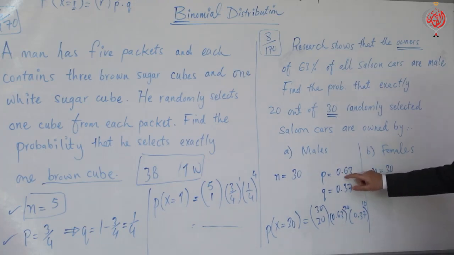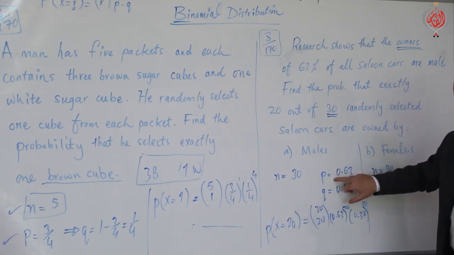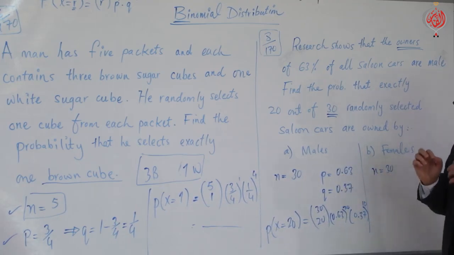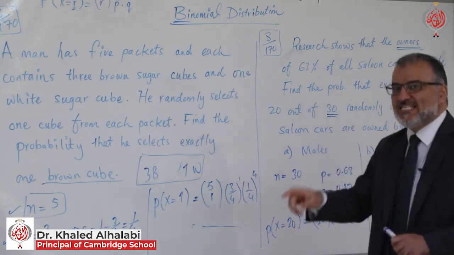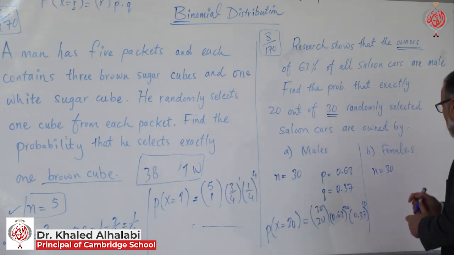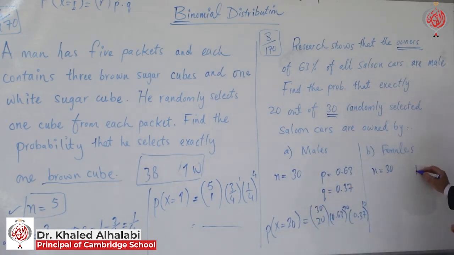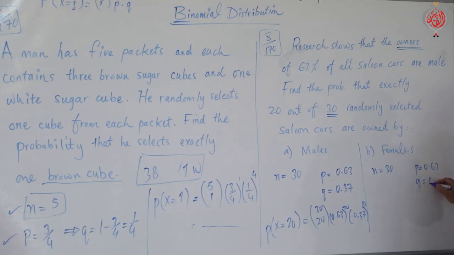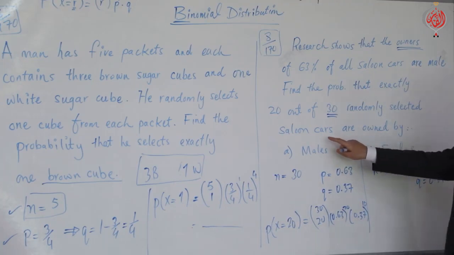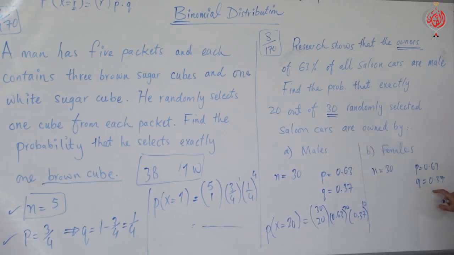So if I'm going to use the same 0.63 for P and the same Q, this is for female.